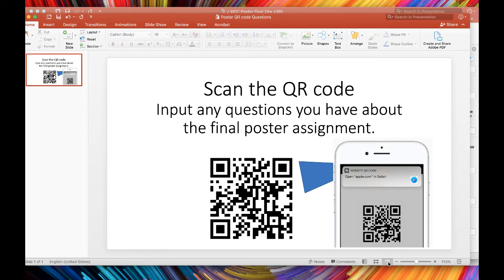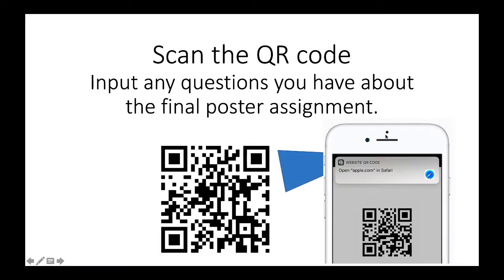You're going to go ahead and take your phone and go to your photos, and then you can go ahead and put your phone up to that QR code, and then it's going to come up here on your phone and say open forms.gle in Safari. You're going to press that, and it is a Google form I made for you to submit any questions that you have regarding this final poster assignment. I will then answer those questions and email you back.